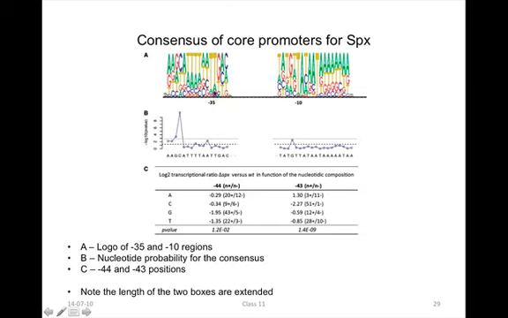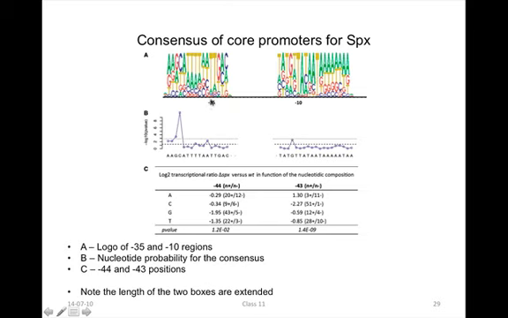So if this is the -35 site, they've gone way back to the -44, -43 to figure out. So this is like the -35 regulatory region of a gene regulated by SPX. So they're extended. So they've figured out the consensus sequence of these two regions. I see.